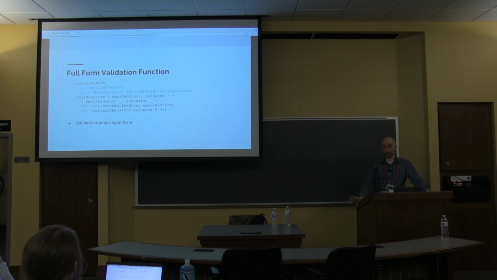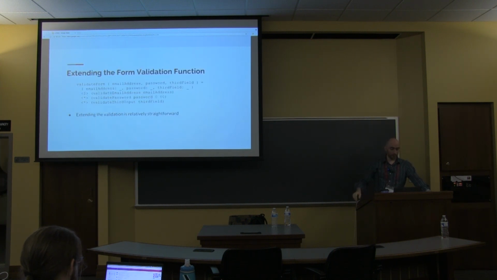I want it. This is cool. What I think is really cool is that this is the legwork. I mean, this is all of the legwork in terms of building up all of the complexity. Now you can add another field just by defining another field validation function and then slapping it on there with another infix apply operator. You could keep doing this as often as you want.